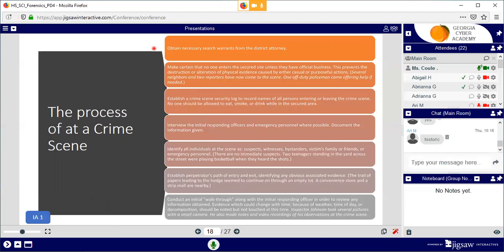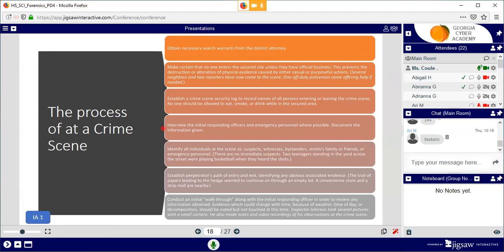Then we get any search warrants from the district attorney. We make sure that no unauthorized people are allowed into the crime scene to prevent contamination. We make a security log of people coming in and out of the crime scene, and no one can eat, drink, or smoke while in that area because they could drop crumbs, spill a drink, or leave cigarette butts behind.